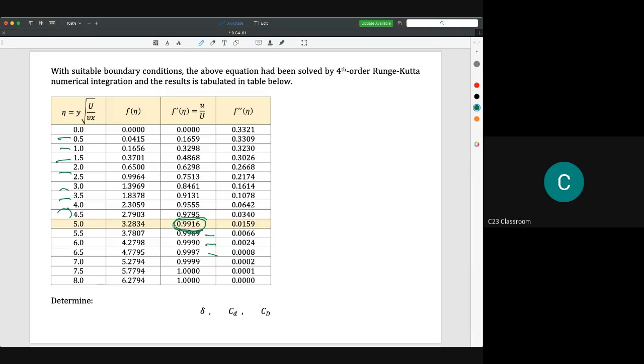You need to find the closest point to 99%. Then after you get that point, you need to see all the values here, because all these numbers will be used in the next calculation, as we are calculating the condition of the boundary layer.